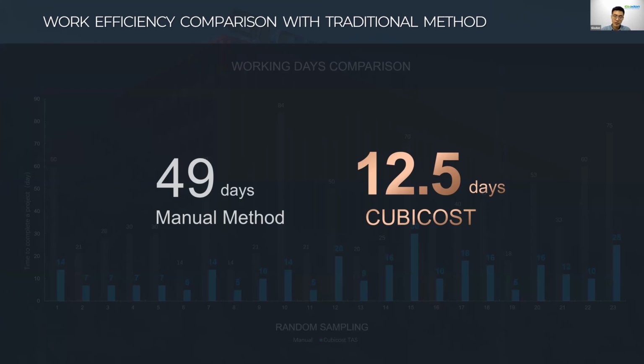However, with Cubicost, it will be around 4 times faster. What does it mean? It means more time for family or more time for more projects. More projects means more revenue. Okay, so this is the reason why to move to BIM instead of doing the work as it was.